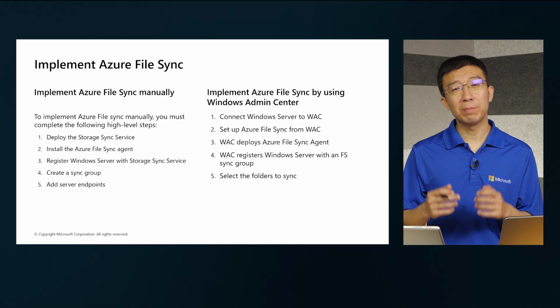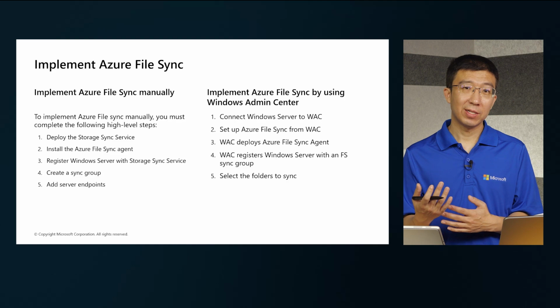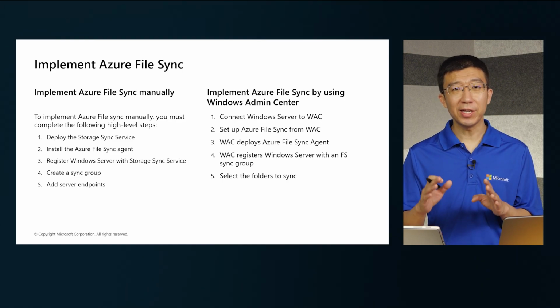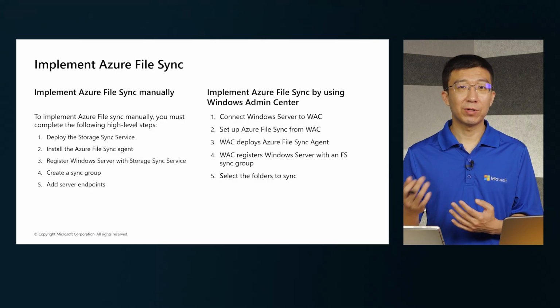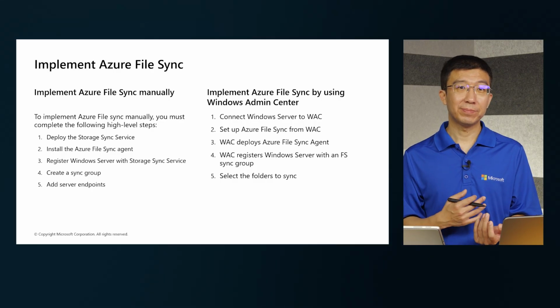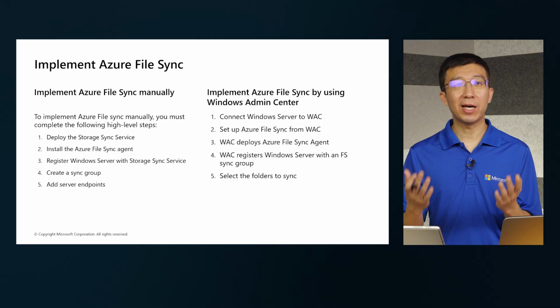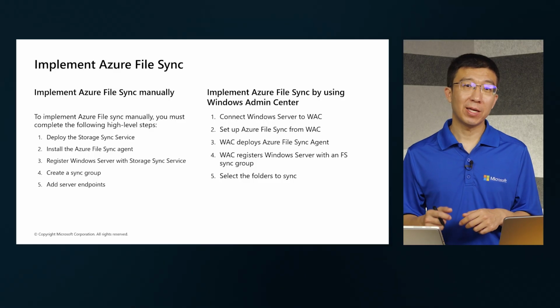Alternatively, from Windows Admin Center, connect your server. Set up Azure File Sync. Deploy the agent. Register with the sync group and select folders to sync. Both methods make it easy to centralize and synchronize your file data between on-prem and Azure.